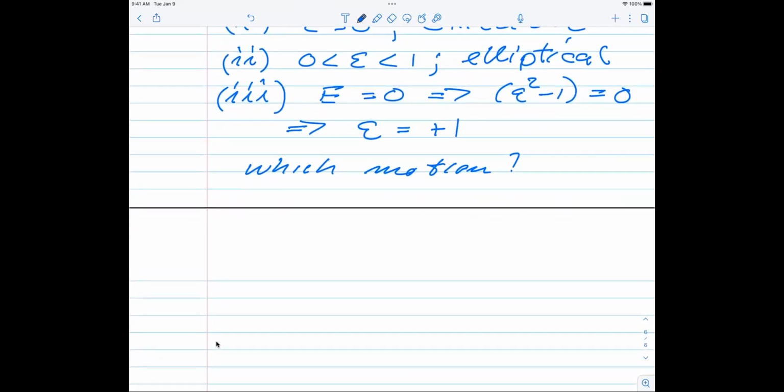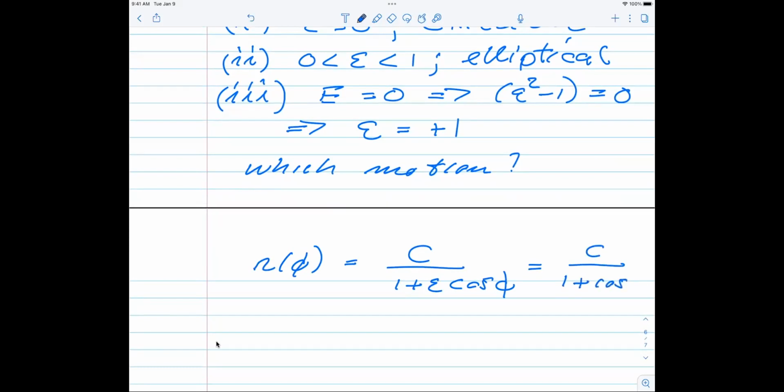And the motion we are going to look at now with epsilon equal to 1, we're going back to the solution of the differential equation, and that is given by c divided by 1 plus epsilon times cosine phi. And since epsilon is equal to 1, this is simply c divided by 1 plus cosine phi. Now, already here, you see a problem. What can happen with the denominator here?